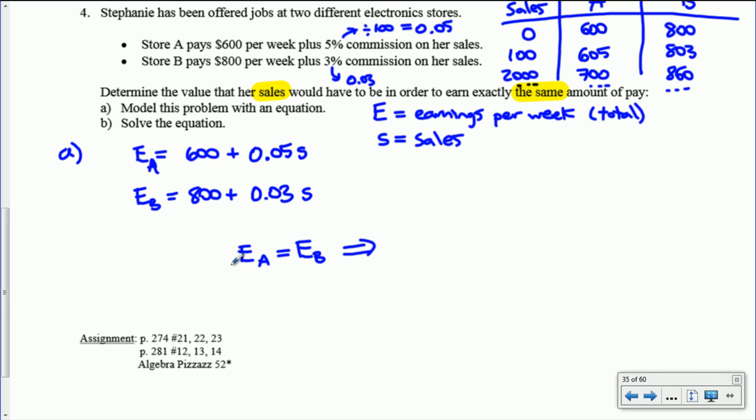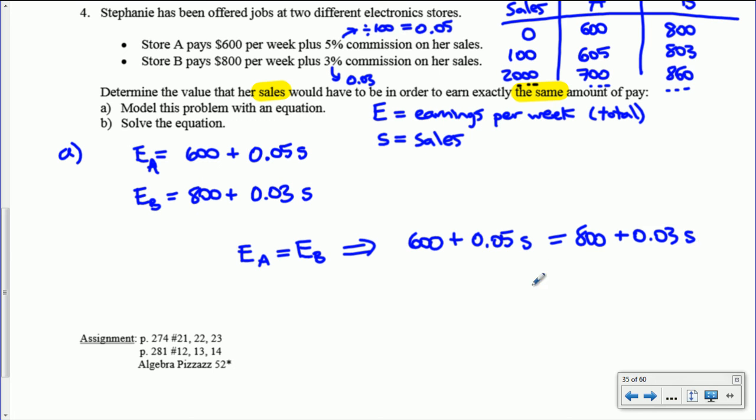So I know what EA is, it's that. So 600 plus 0.05S. And I know what my earnings at B is, it's that expression. So 800 plus 0.03S.